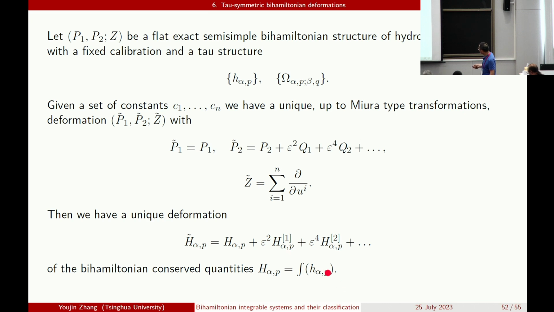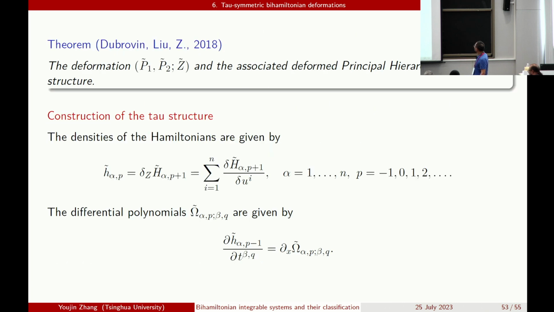And also using this deformation of the bihamiltonian structure, we can deform the calibration, we can deform these Hamiltonians to obtain the deformation of the principal hierarchy. So this is a theorem that says that given any constant central invariants, we can obtain a deformation of the principal hierarchy associated to a flat exact semisimple bihamiltonian structure.